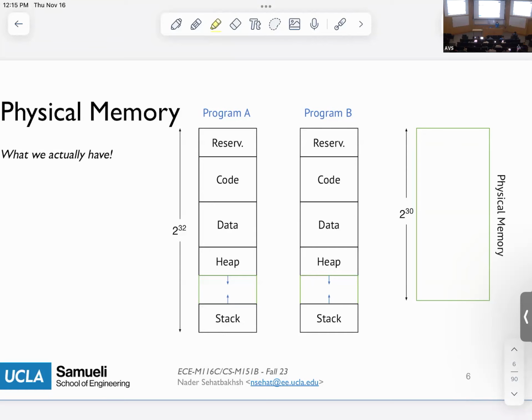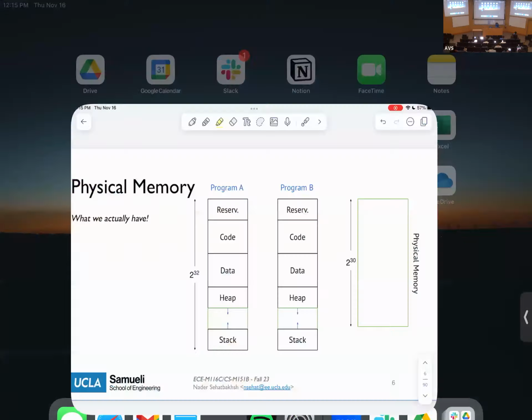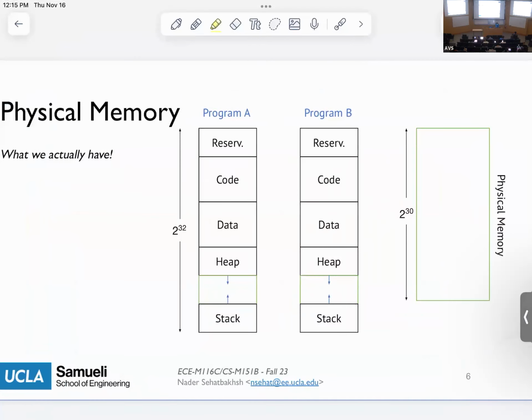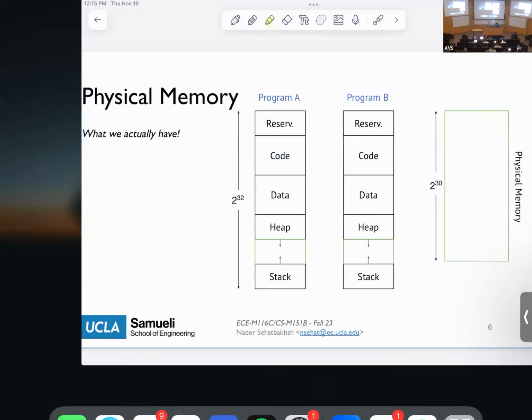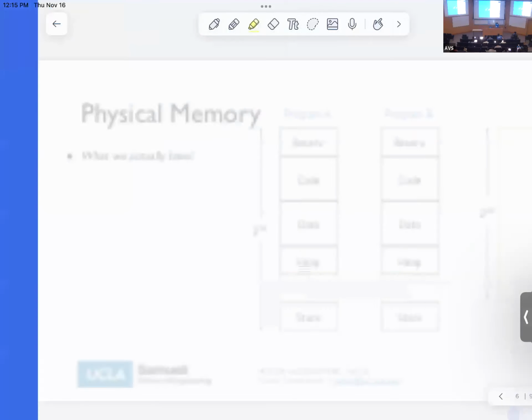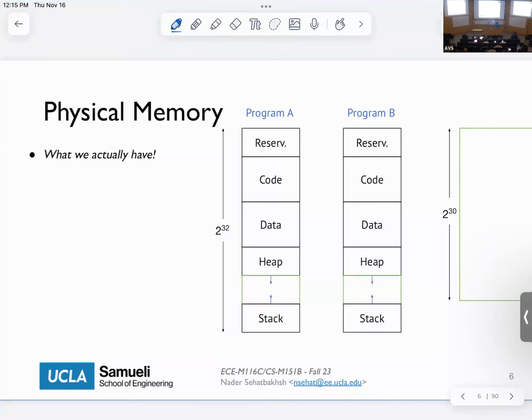So why does this even work? Why does it not work? That's one question. The second question is why does this even work? Why do we have a smaller storage area, but we think that we have all the storage area and we have multiple programs? How come we are mapping a bigger thing to a smaller thing?